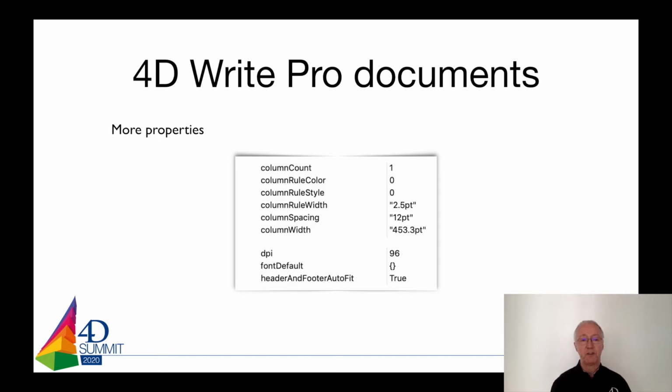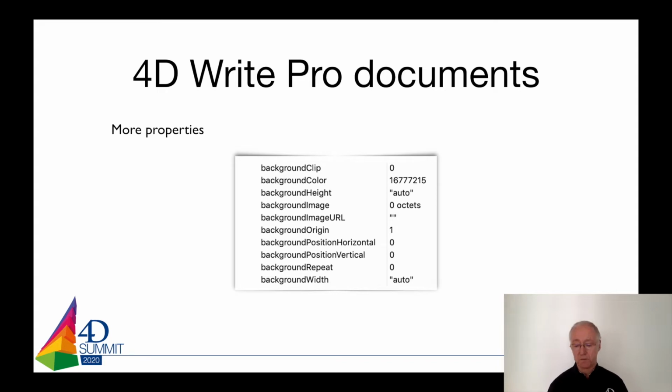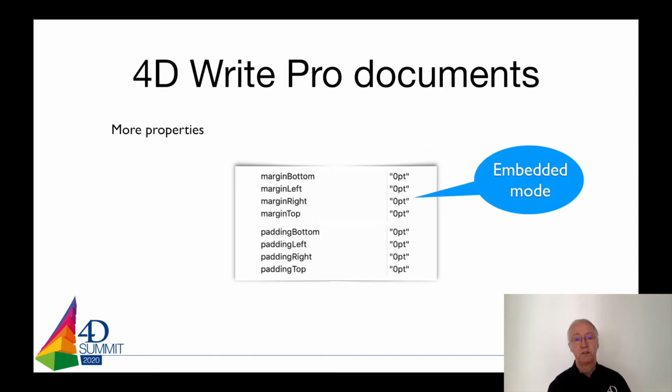Some other properties are available, like column managing, DPI, default font, border settings, background settings. Margins are a little bit more interesting to take a moment to speak about, because we have two kinds of margin in FolioWrite Pro documents: margin attributes and padding attributes, left, right, top.